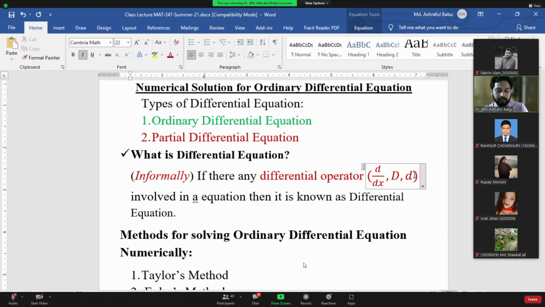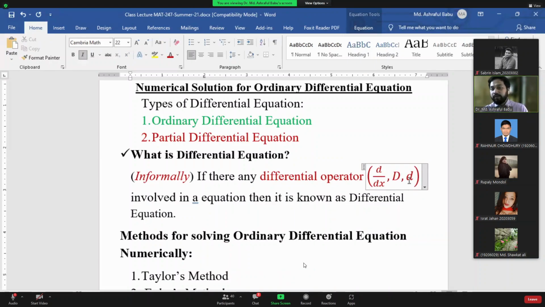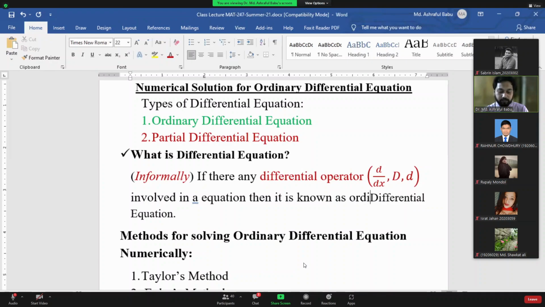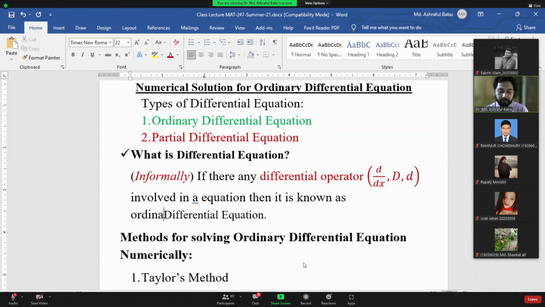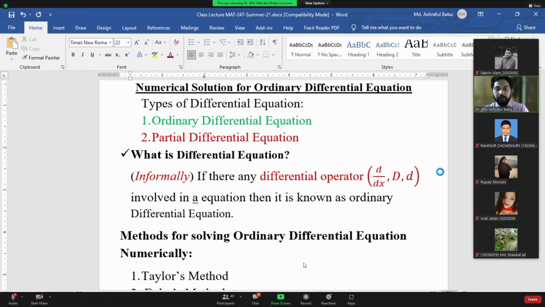If you see any of these operators in any equation, that is called a differential equation. That's an ordinary differential equation. And if you see a partial differential operator, that will be a partial differential equation. Is it clear?